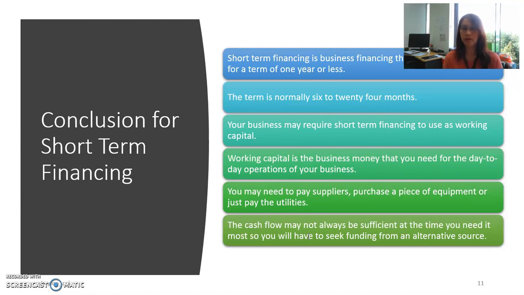Second, immediate responses to payments to suppliers, purchases of equipment, paying utilities. You can also use it for emergencies. The cash flow may not always be sufficient at the time that you need it, so most of you will have to look for alternative sources. Short-term financing can be a good source.